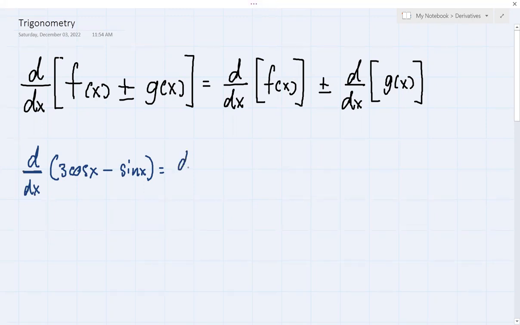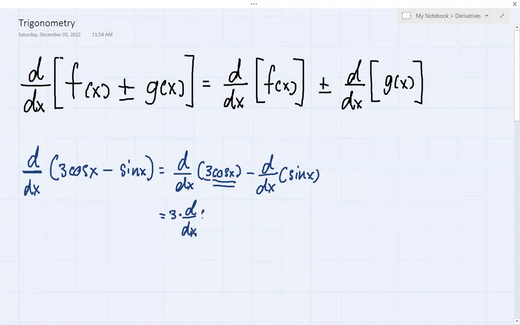So we will have the derivative of 3 times cosine x minus the derivative of sine x. Since we have a constant 3 and a trigonometric function cosine x, we will not touch 3 and we will differentiate the cosine x.